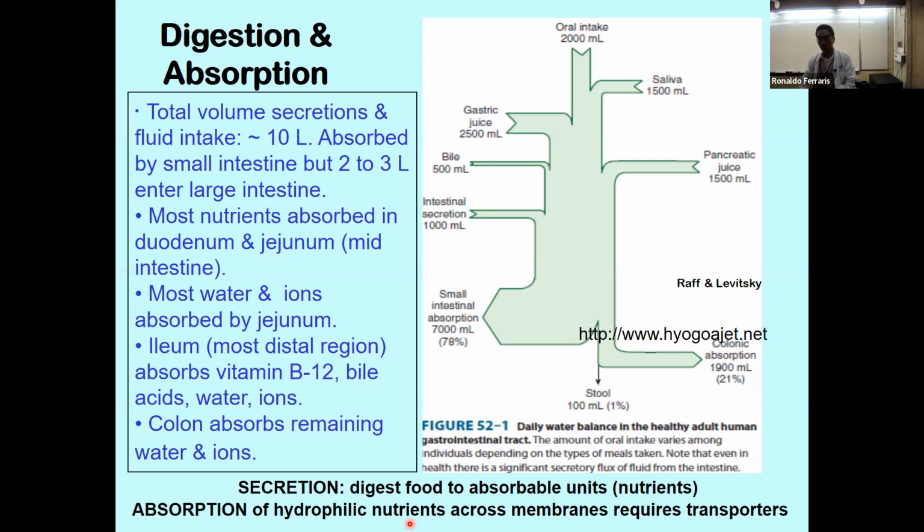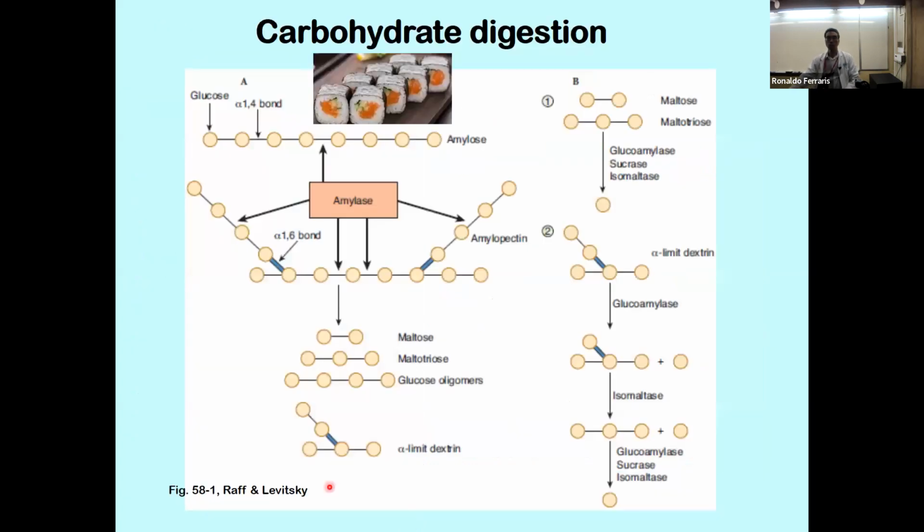Okay, so this is your sushi. To celebrate your newfound knowledge in GI physiology, you stop by your favorite sushi store to supplement the steak, and then you eat your sushi. The rice has a lot of starch.